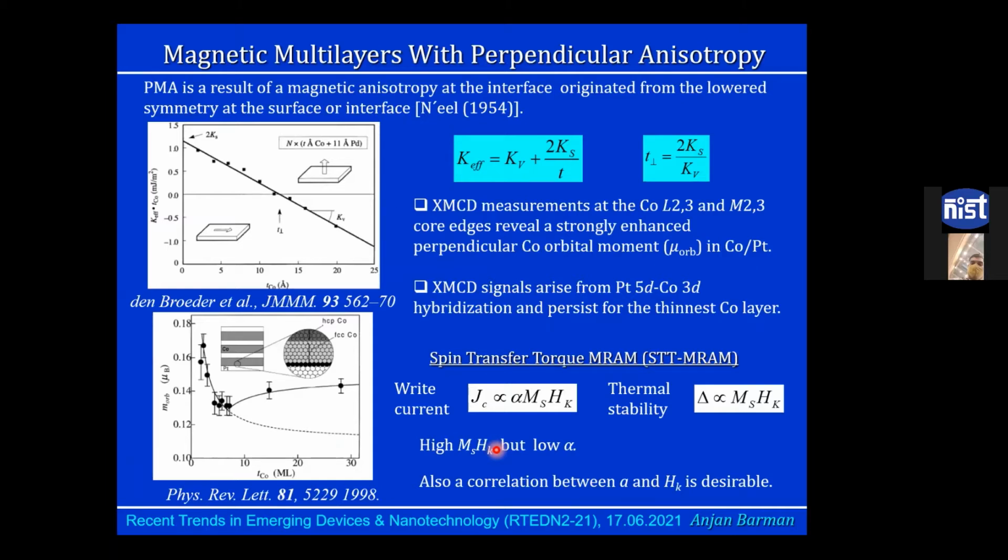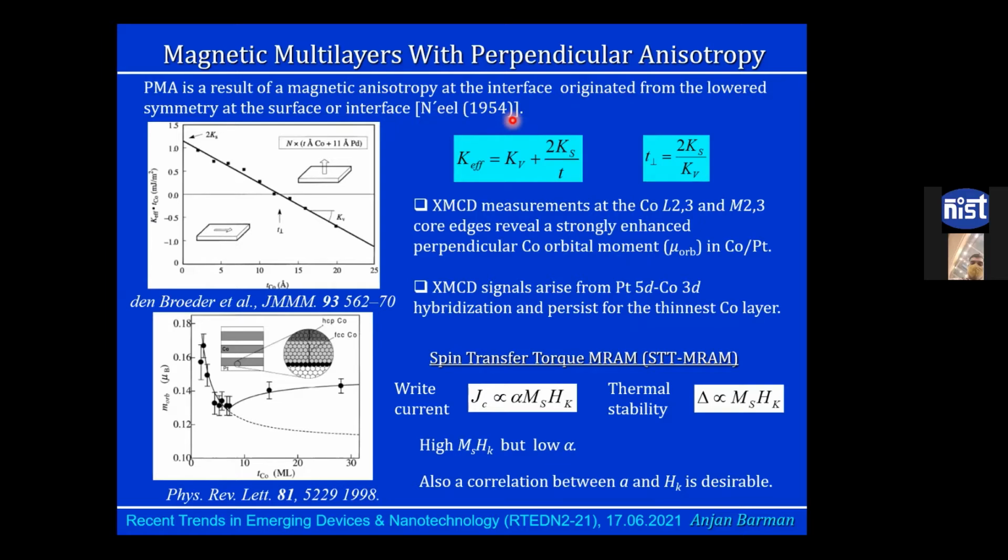This also has a long history because it's a result of magnetic anisotropy at the interface, originating from the lower symmetry, basically broken inversion symmetry at the surface and interface, and was proposed by Néel in 1954. But there is more to it.